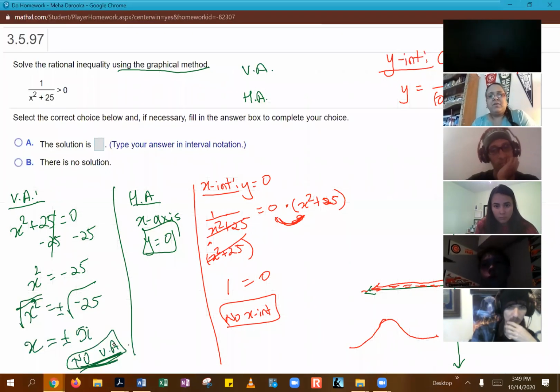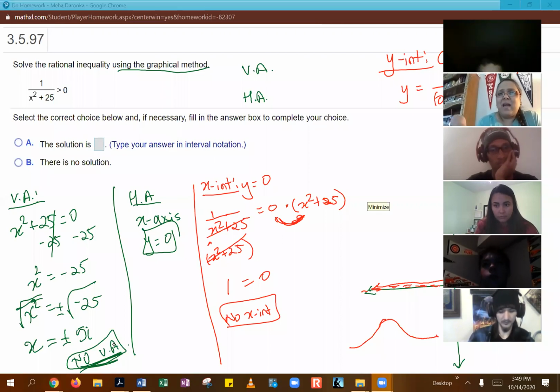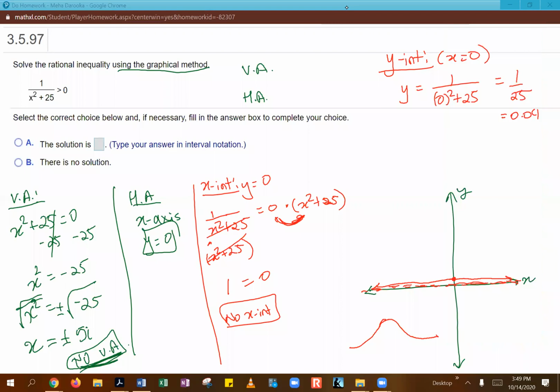So what will be your solution set for this guy? Yeah, after all that trouble you went through, you can see over the entire domain, this function is going to have a value of y greater than 0.